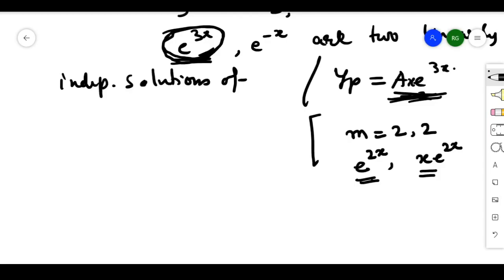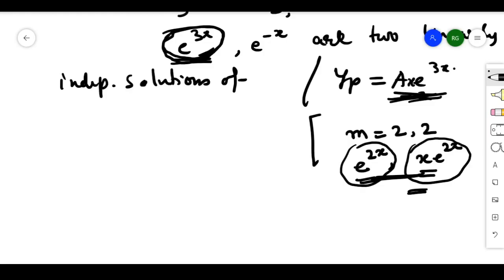This concept is being used. While one solution is e to the power 2x, we take the other solution as x into e to the power 2x, just like that. As one solution is a e to the power 3x, that has already been considered while we find the complementary function, the other solution yp we take as ax e to the power 3x.